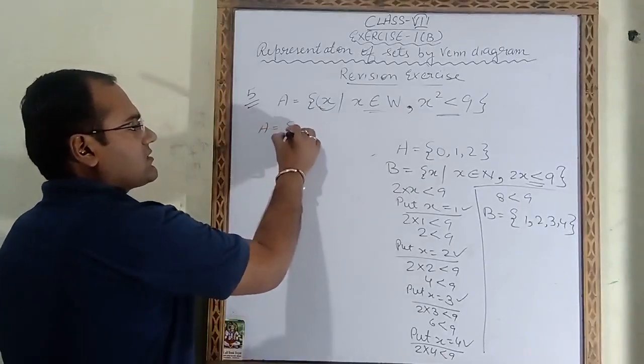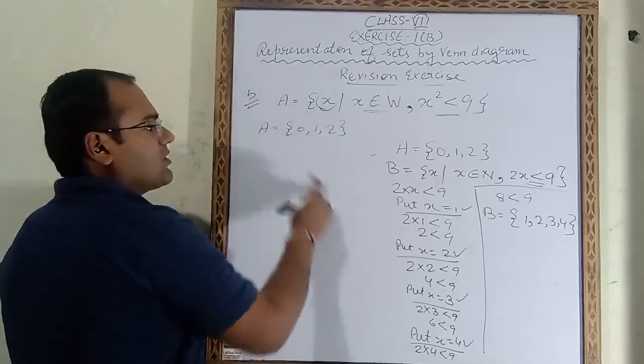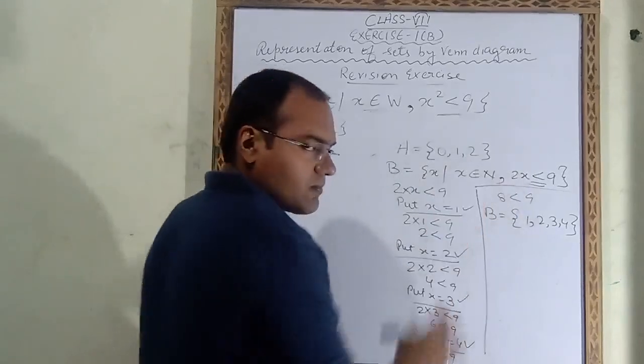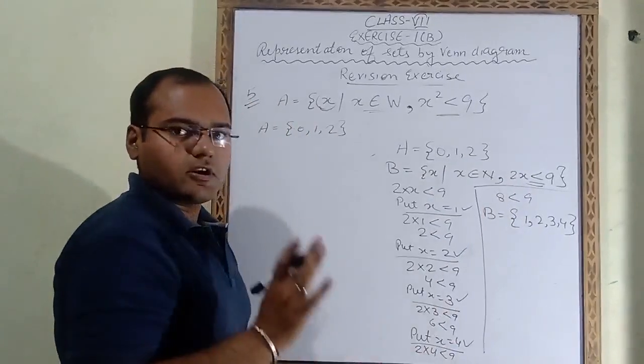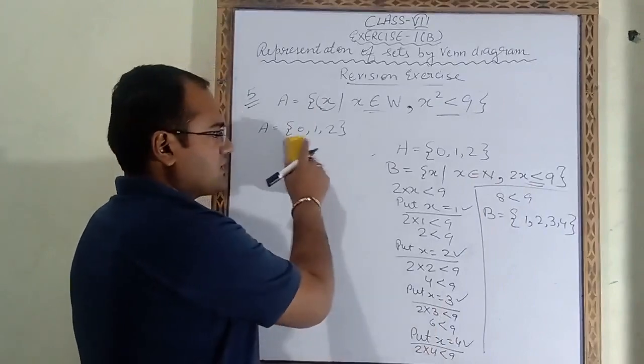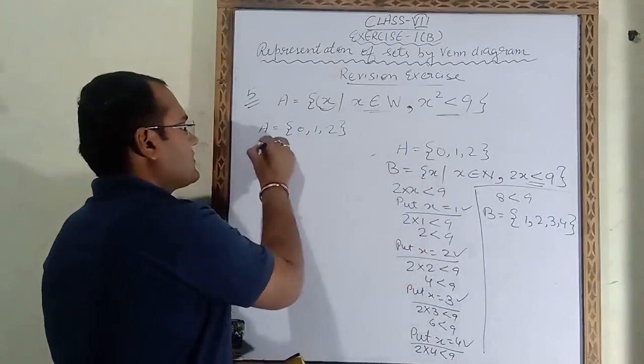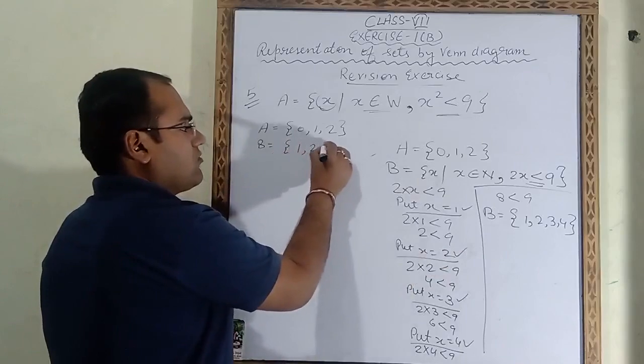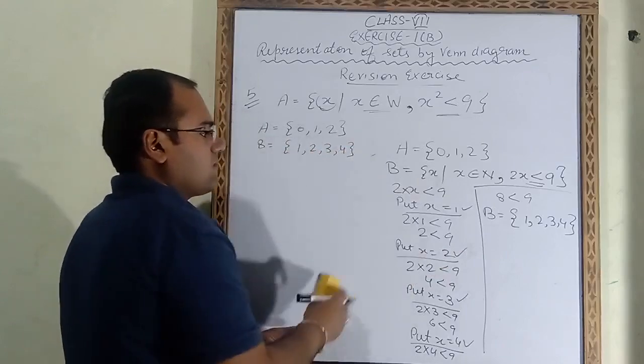A answer is 0, 1 and 2. This solution you have to show. This full work you have to show in your notebook. So A answer is 0, 1, 2. B answer is 1, 2, 3 and 4.